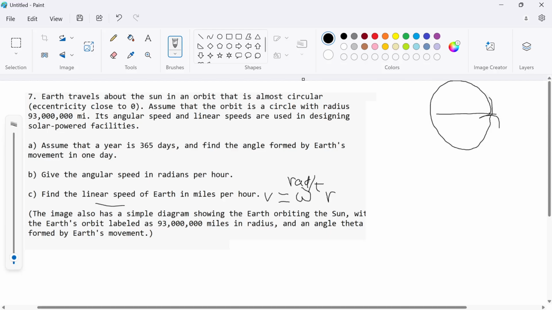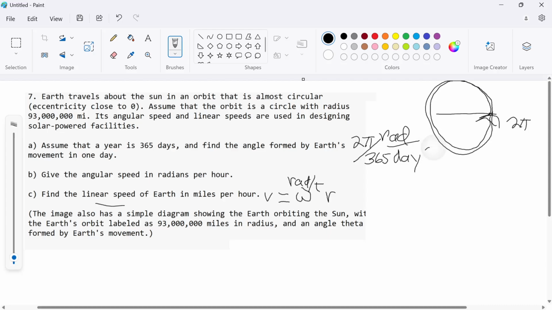One complete orbit around the sun is 2 pi radians. So it's going to orbit 2 pi radians in 365 days, and that's 2 pi over 365 radians per day. But that's the exact answer.